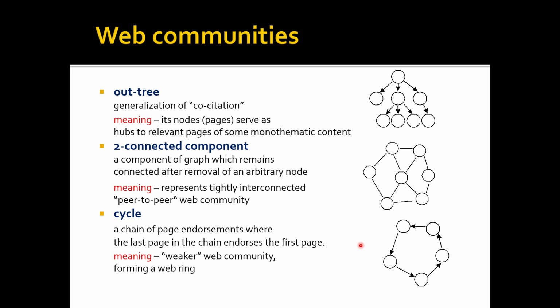Because, for example, if we have a community of game players, each player can refer to the next one, and when we browse home pages of game players, we can browse all of the pages of all the players and then return to the first one.